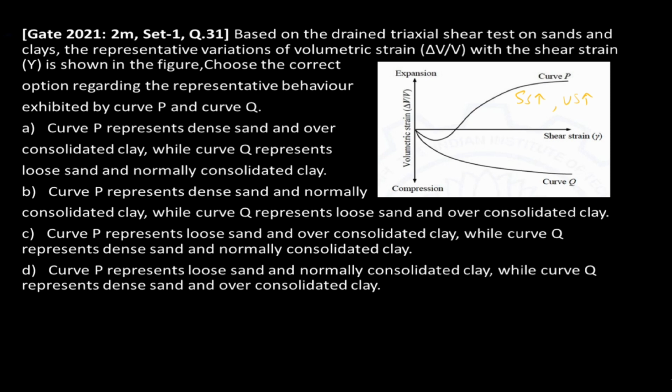But for curve Q, shear strain is increasing but volumetric strain is decreasing, which is in the negative direction. So from this we can know that curve P represents dense sand and over-consolidated clay, whereas curve Q represents loose sand and normally consolidated clay. Yes, option A is the right answer.